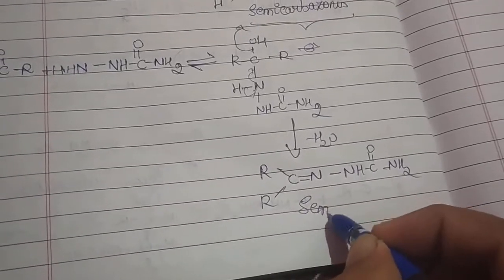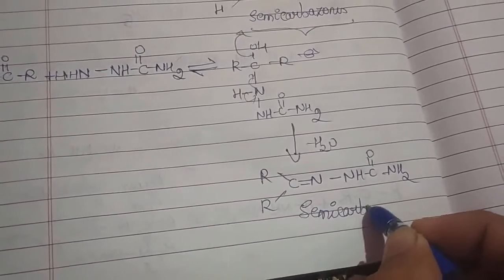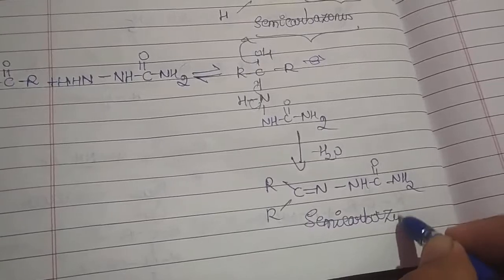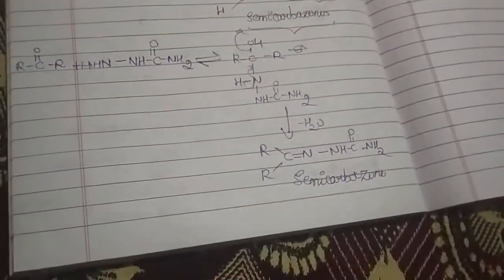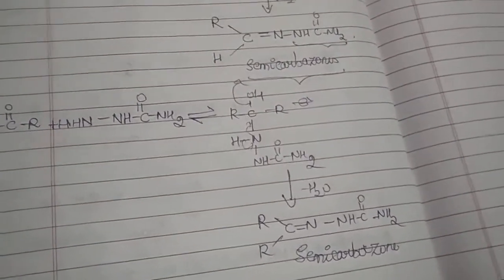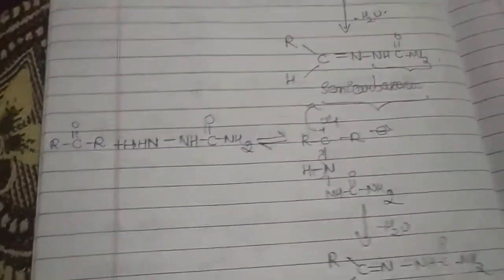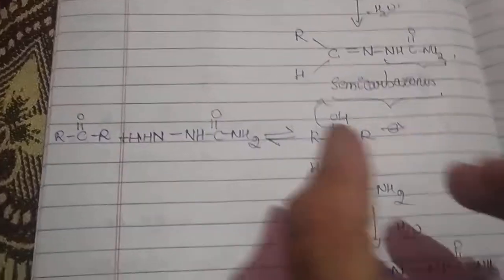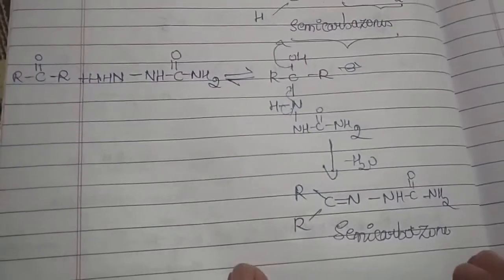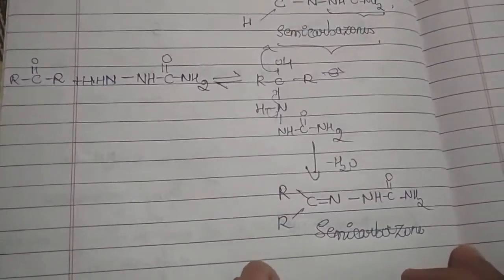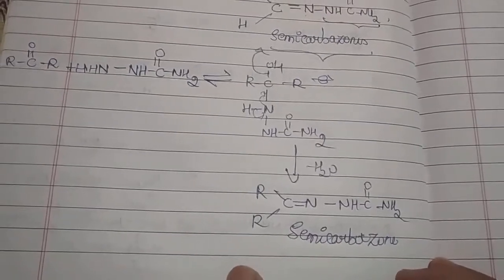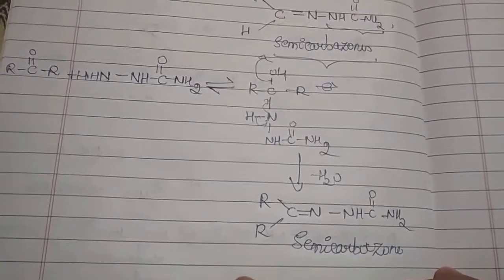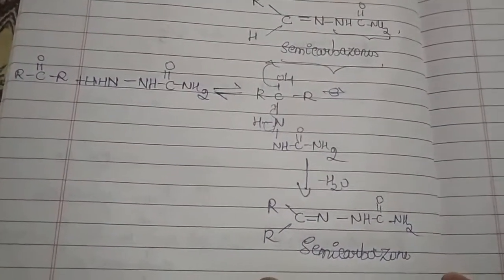Once again, semicarbazones. Of course, aldehyde semicarbazone, ketone semicarbazone. But the important thing to remember is that whenever carbonyl compounds are treated with semicarbazide, followed by dehydration, we get the respective important nucleophilic addition product called semicarbazones. I repeat, semicarbazones. Is that clear?